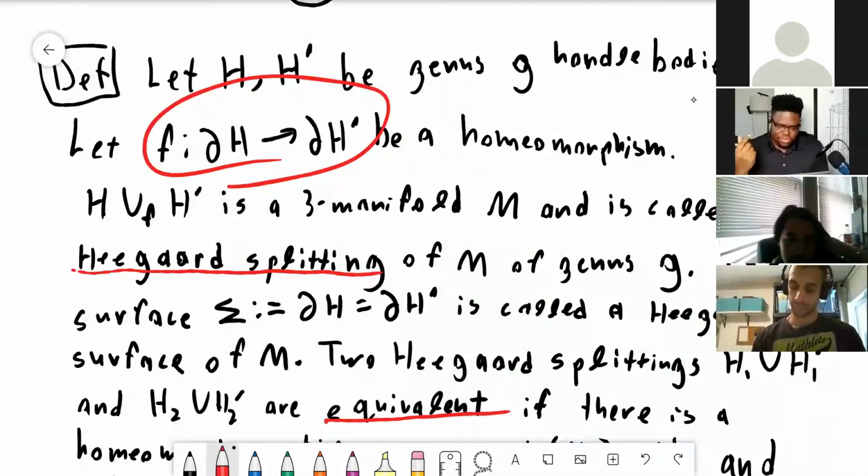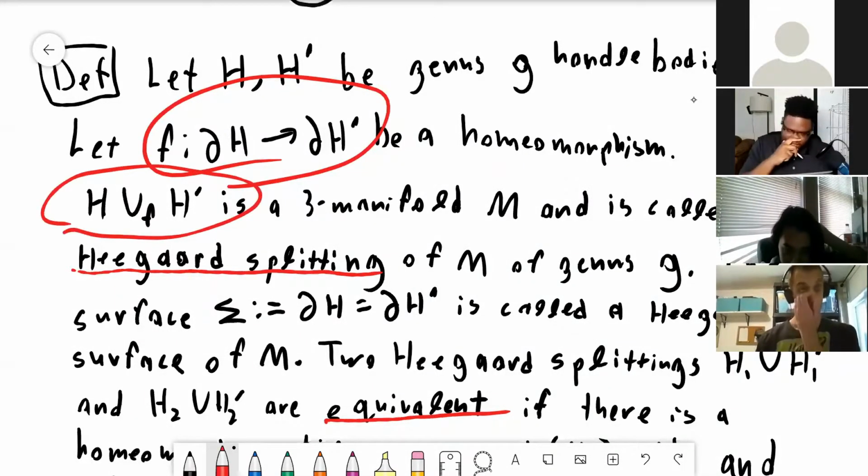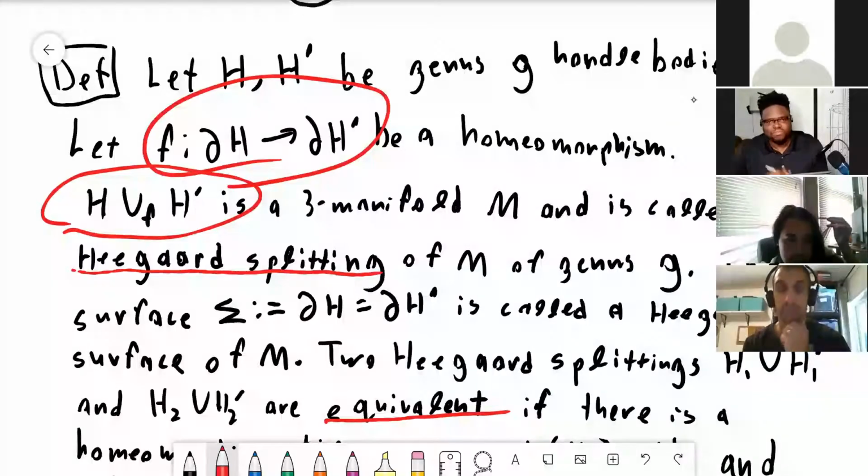And using this homeomorphism F, we can glue their boundaries together. And when we do, we get a 3-manifold. We use this notation here of H union H prime with the map F. Sometimes the map F would be suppressed when the map is sort of obvious in the picture.